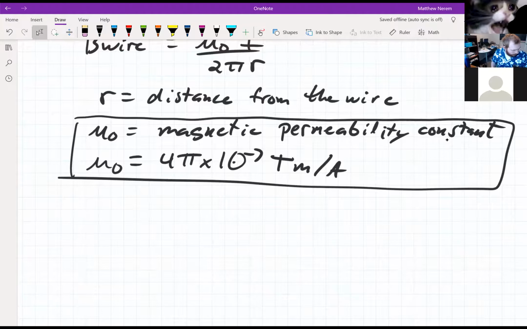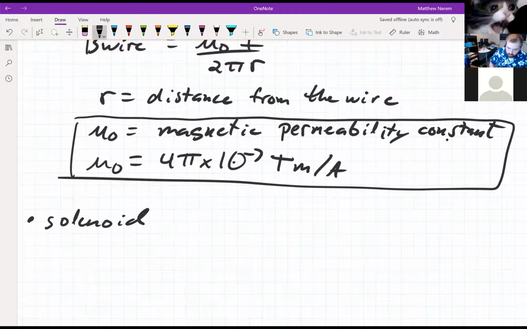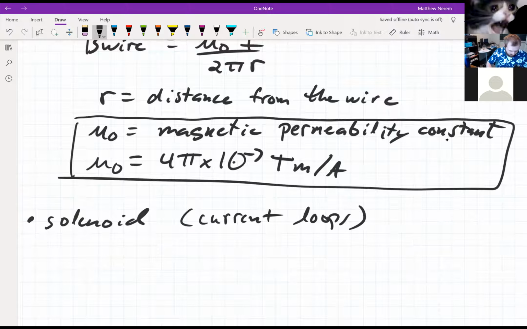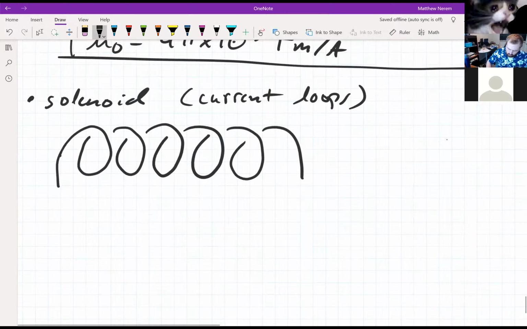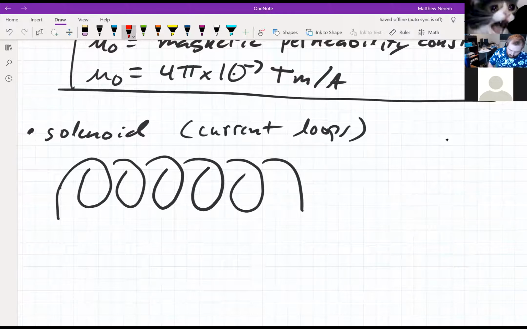All right. And then we have our solenoids. Think of them as current loops, is another way to think of a solenoid. So if I have a current going in like this, what is the direction of the magnetic field with this solenoid? Right, it comes out of the page on top and into the page at bottom.